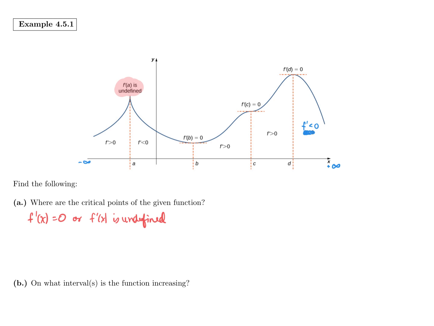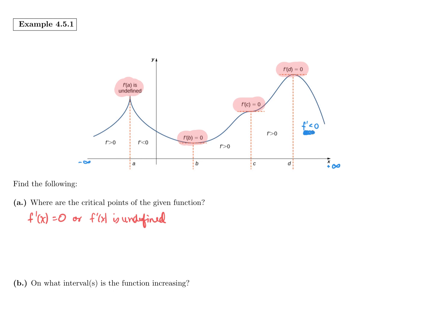We'll notice that we bottom out at b, right? We switch from decreasing to increasing, so we have a 0 sloped tangent line there. And then we switch from increasing to increasing like we did with our x cubed at c, but it does flatten out momentarily at c. And then at d, we also have a spot where the derivative has a 0 slope.